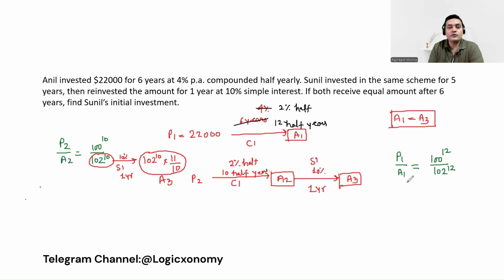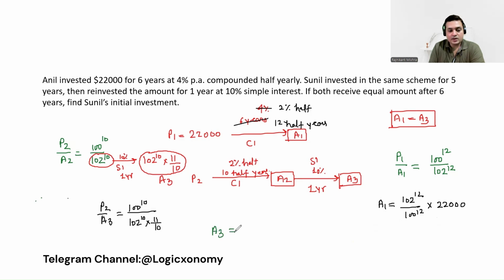Okay. Now from the first equation, A1 is equal to 102 to the power 12 by 100 to the power 12 into P1, and P1 is already given as 22,000. And from equation number 2, A3 will be equal to 102 to the power 10 by 100 to the power 10 into 11 by 10 into P2.